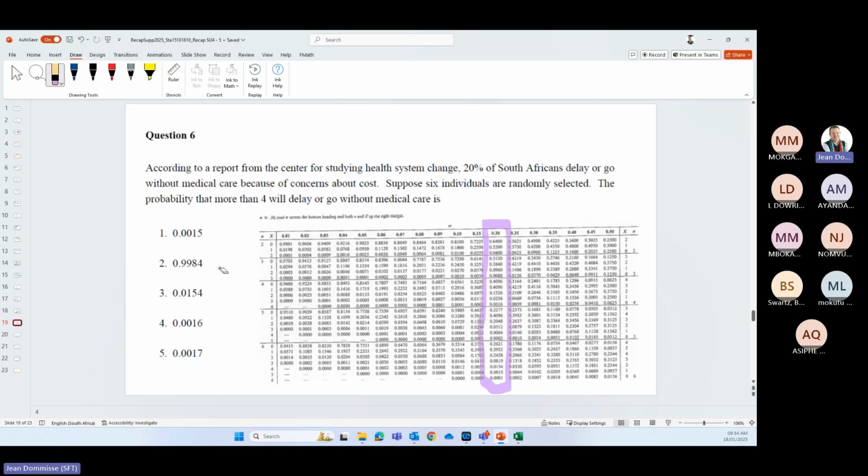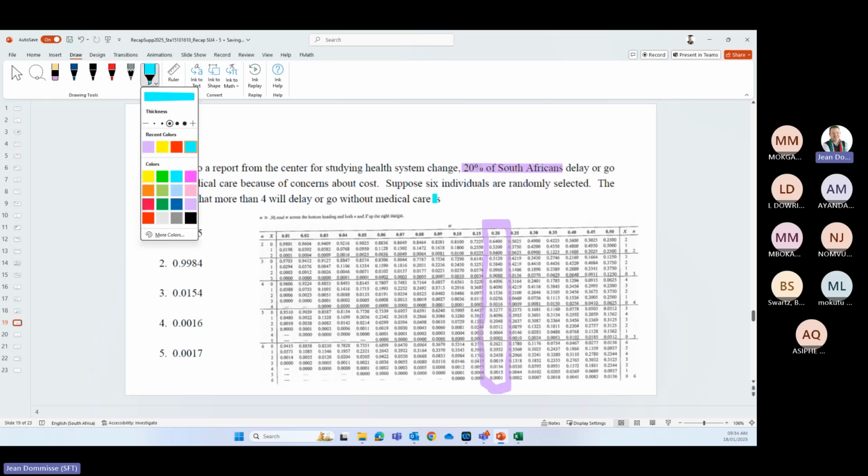Okay, so another one here, they give it to us in words. So you need to basically look for what you want to get out of here. According to a report from a Center for Studying Health System Change, 20%, so that was the 20 there, delay or go without medical care because of concerns about cost.